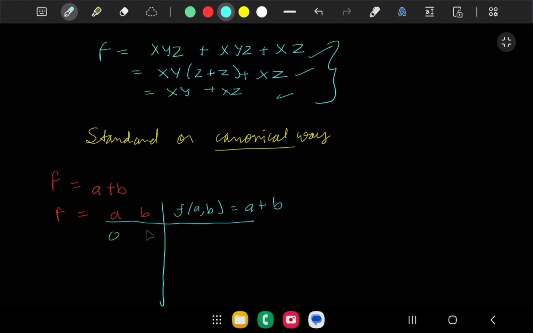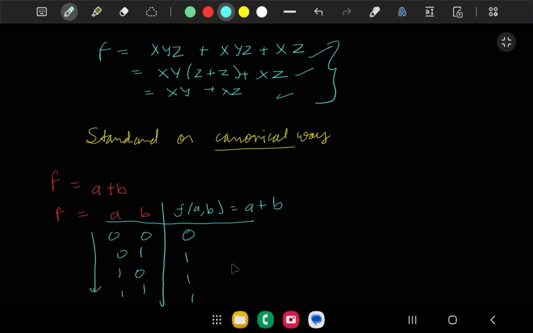So this is 0 0, this is 0 1, this is 1 0 1 1. So every row of the input combination that we write in the order of their binary value, this is the standard truth table. So this is your expression a plus b.